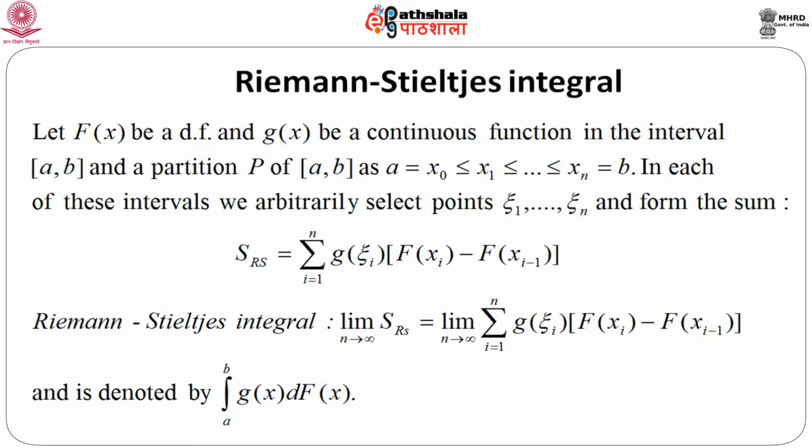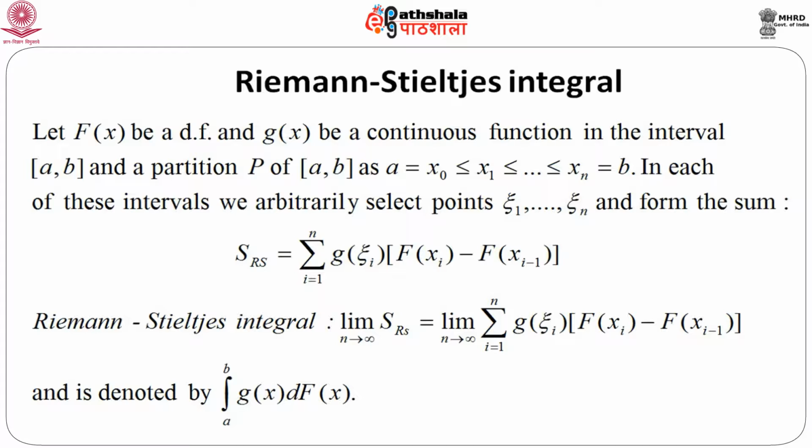Let capital F x be a distribution function and g x be a continuous function in the interval a b, and let us consider the same partition P of this interval a b. In each of these intervals, exactly as in the case of the Riemann integral, we arbitrarily select points xi 1, xi 2, up to xi n and form the sum, summation i equals 1 to n of g of xi i times capital F of x i minus capital F of x i minus 1.